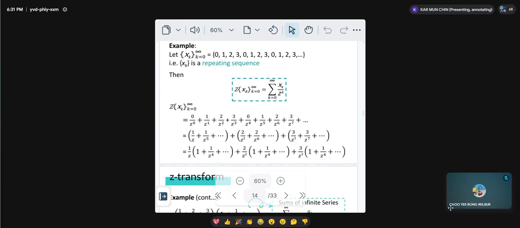And the bottom part, the denominator, will be z to the power of 0, 1, 2, 3, 4, 5, 6, 7, and so on. Everyone can get this line.